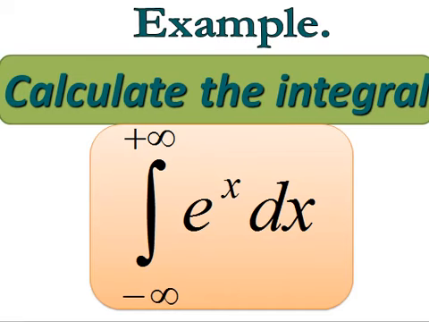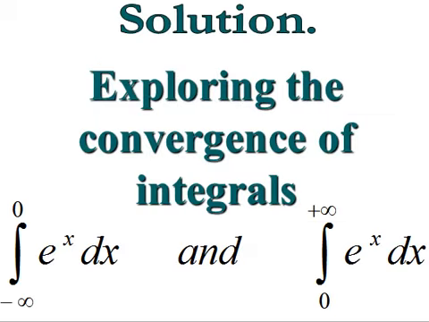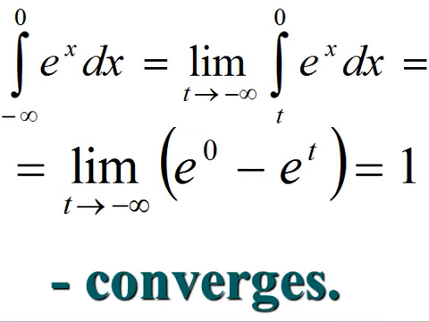Here we have to calculate integral from negative infinity to positive infinity of exponential function dx. Let's divide our integral into parts from negative infinity to 0 and from 0 to positive infinity. Then consider separately both integrals.